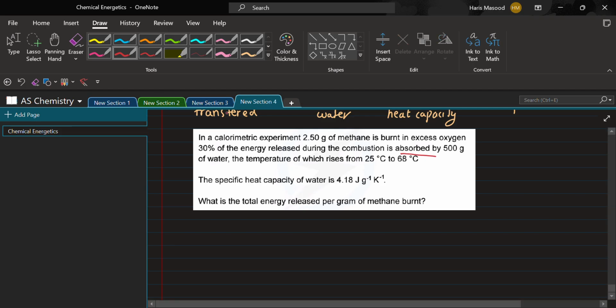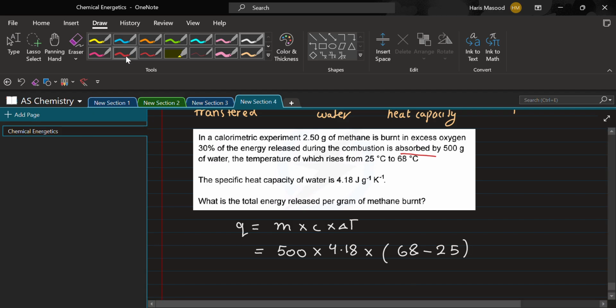For that we will be using our formula Q is equal to mc delta T. M is the mass of water, that is 500 grams. Then you have C given 4.18, and for the temperature difference you will subtract 68 minus 25.